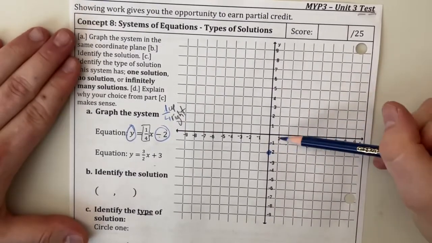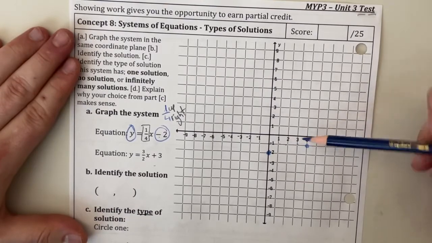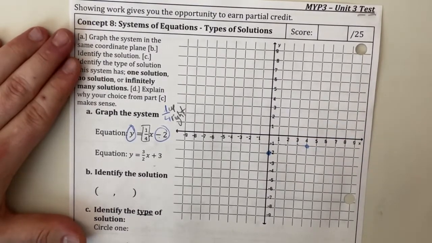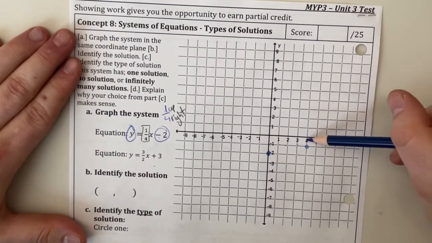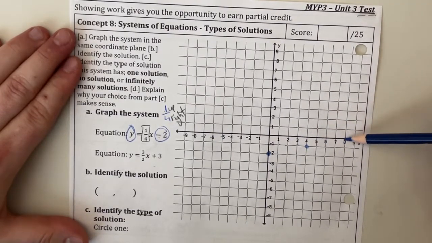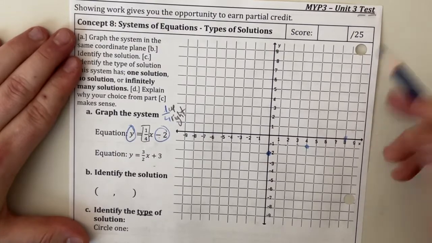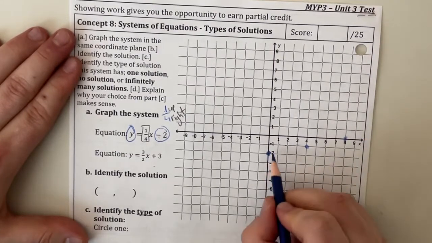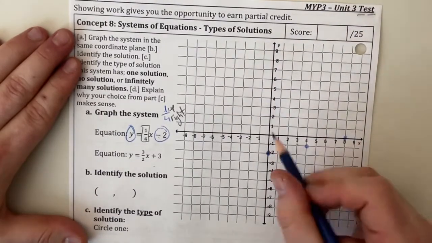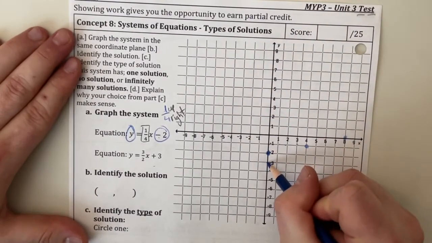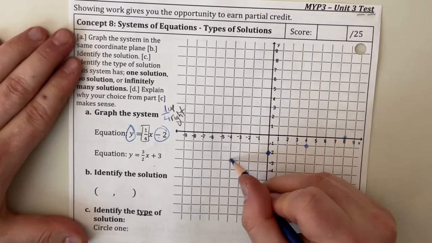Again, make sure you're using those values or numbers on the coordinate plane. That way it helps guide you. But if you can, try to keep going, so you make that pattern for yourself and it's easier to draw the line through those points. Also, if you wanted to go to the left, I can go down 1 and to the left 4 to get my next point.